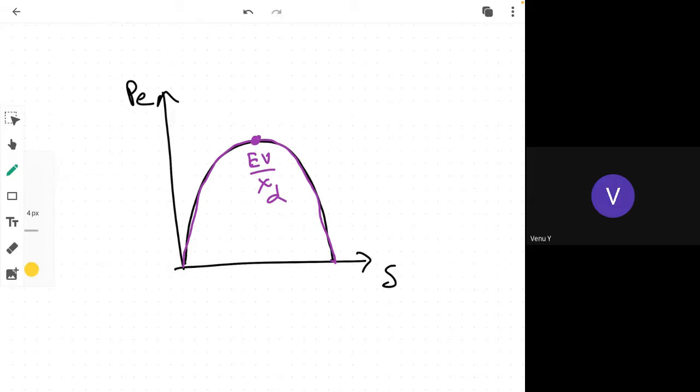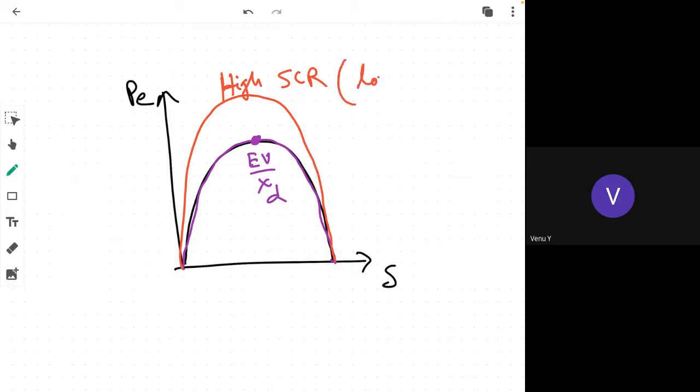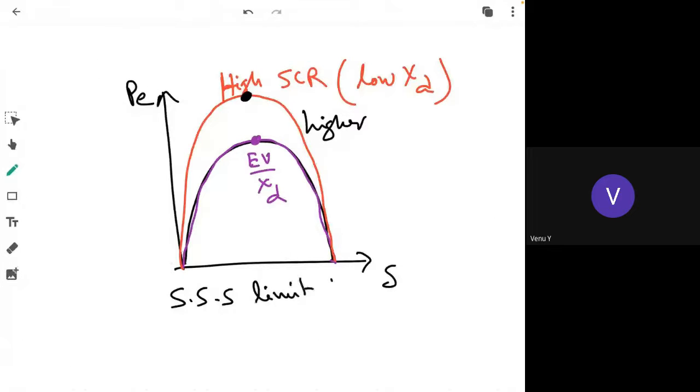Now, when the SCR is increased, naturally this is high SCR, since XD is low, and hence the power transfer capability is higher. Therefore, the steady state stability limit has been increased.